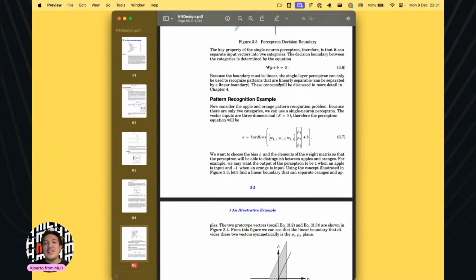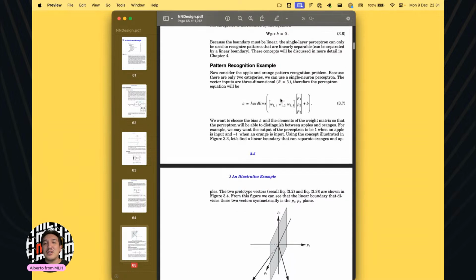So now let's take a look at pattern recognition using the orange and the fruit example. Because there are only two categories, we can use a single neuron. The rule for the number of neurons in the perceptron is S, the number of neurons, elevated to 2, that being the number of classes we can classify.